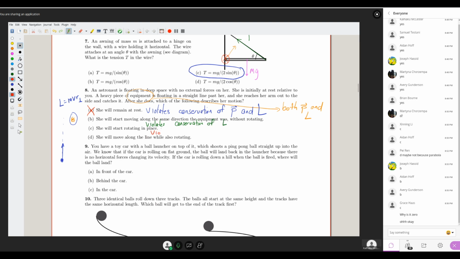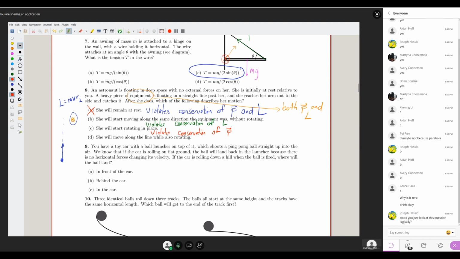And this one, where she just rotates, violates conservation of ordinary momentum. When she catches the thing, conservation of momentum says that she must begin moving, and conservation of angular momentum says she must start spinning.